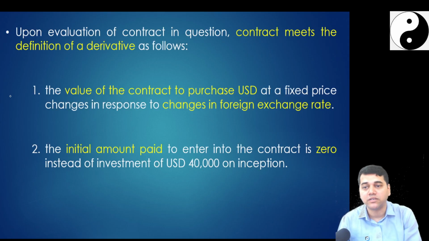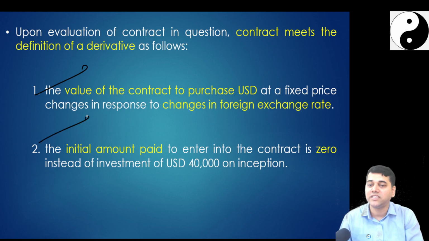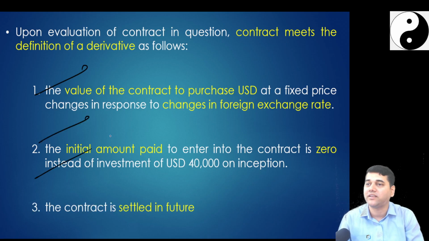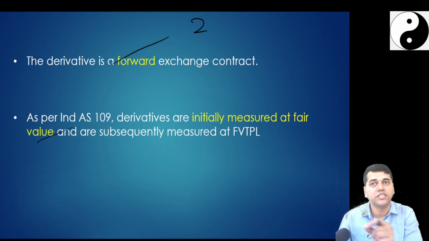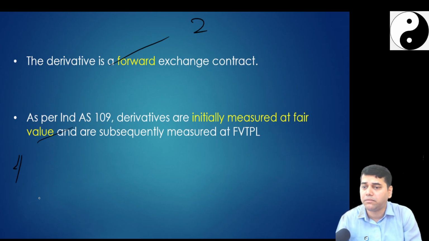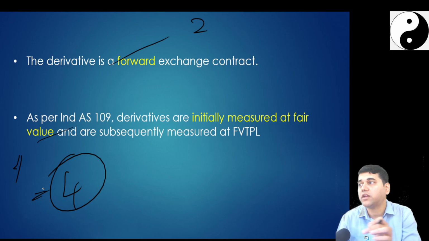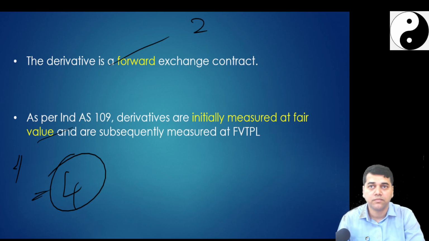Then evaluation: the value of the contract is changing, the amount paid is so and so, the contract is settled in the future. Thus, in the given case, it is a forward contract, maybe 2 marks for this, and it is initially measured at fair value. Initial recognition, so I will consider 1 mark. Say at least 4 marks will be allocated for the theory.